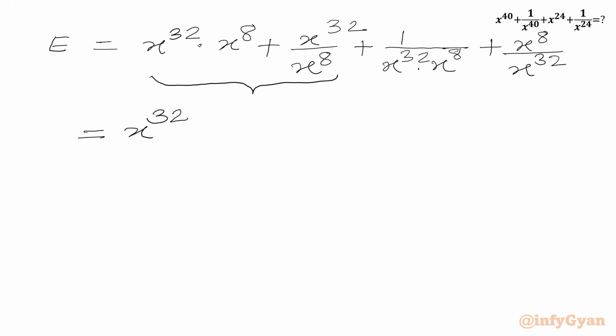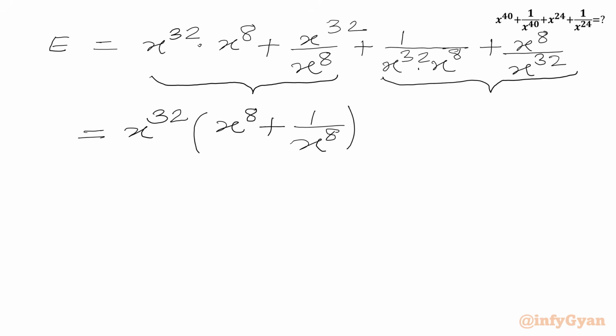So we will write x power 32 common. In the bracket, we need to write x power 8 plus 1 over x power 8. From these two terms, we can take 1 over x power 32 common out. So in the bracket, we will write 1 over x power 8 plus x power 8.